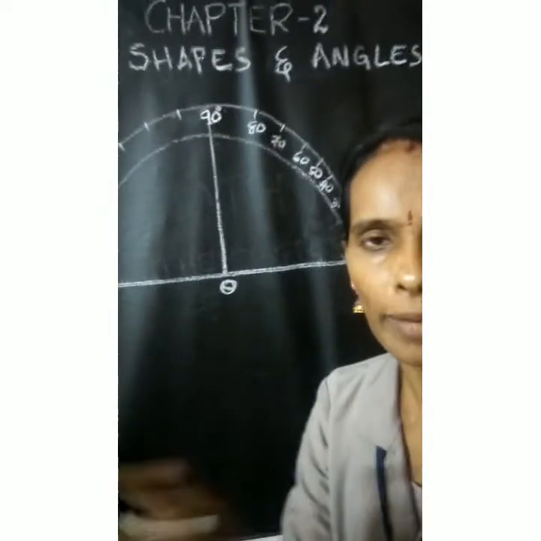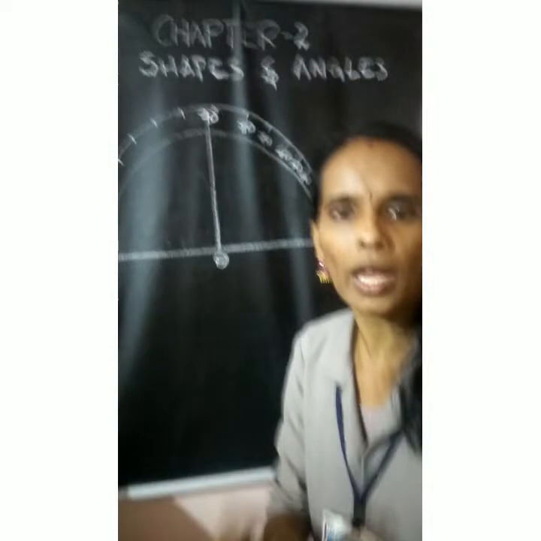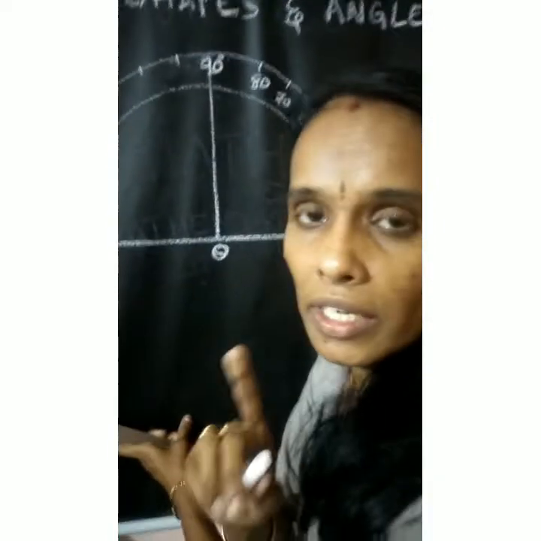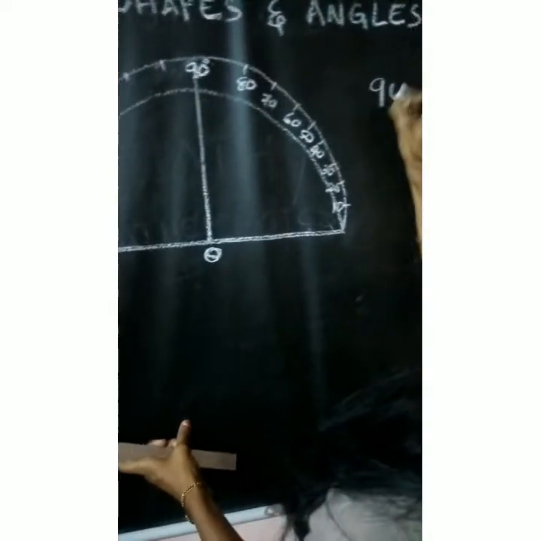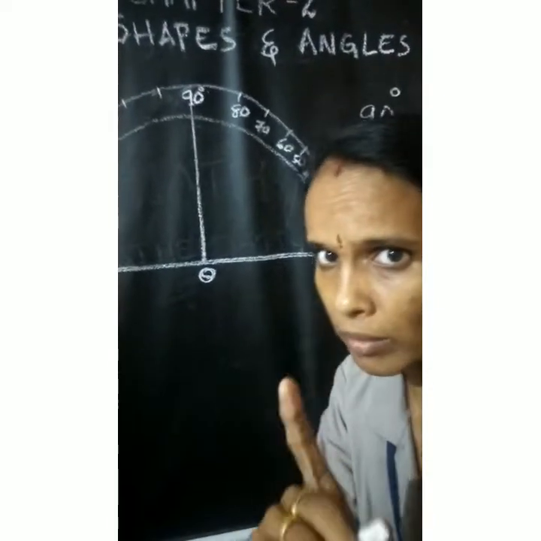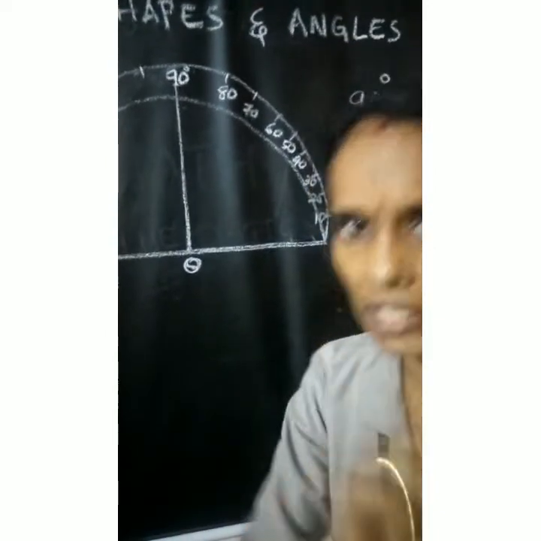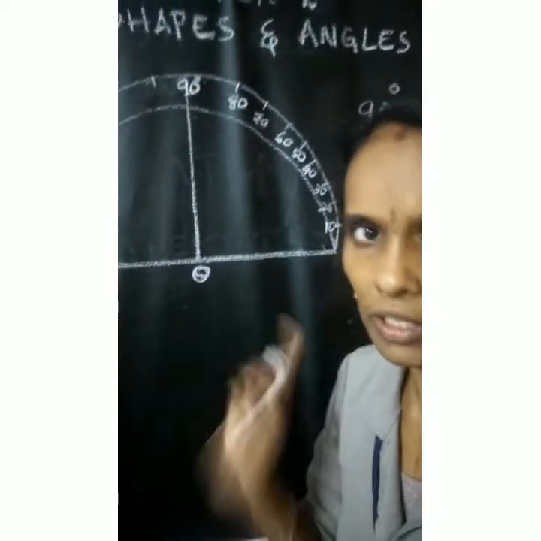So, the simple way, I am directly moving to angle construction. If we need to construct an angle whose measure is 90 degrees, I will tell you the reason for choosing 90 after this.